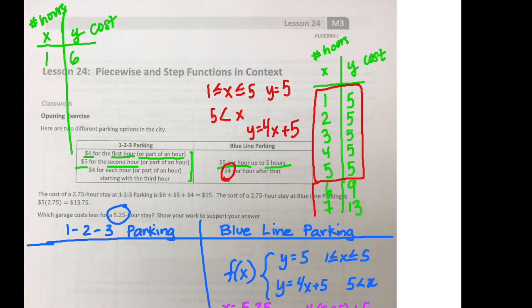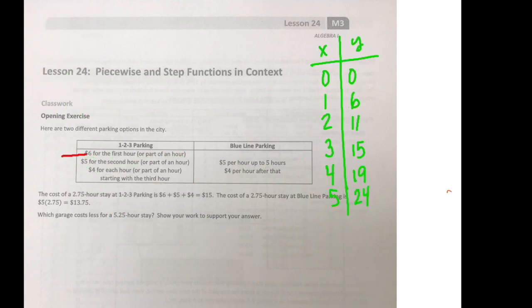Then as soon as I hit that second hour, it's going to give me whatever the 6 was plus the $5, giving me a total of $11. And then for the third hour, it's going to be my $11 that I had before plus 4 for an additional hour.